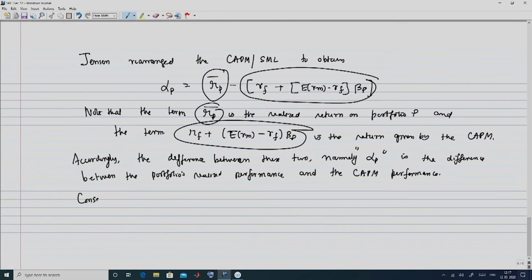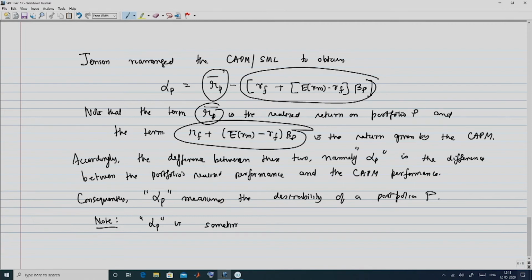So consequently, this term alpha_P measures the desirability of a portfolio P, and note that alpha_P is sometimes referred to as Jensen's alpha.